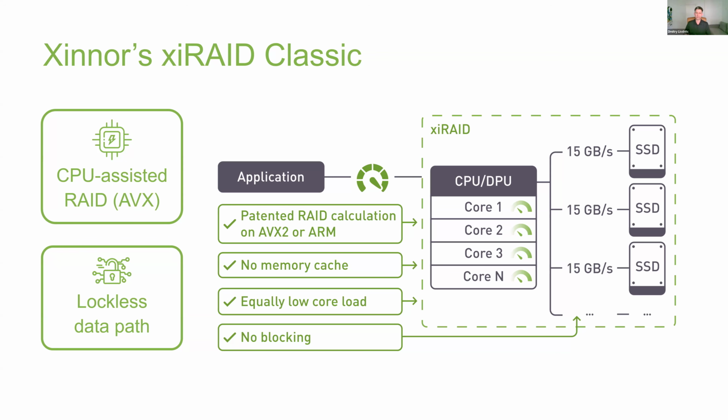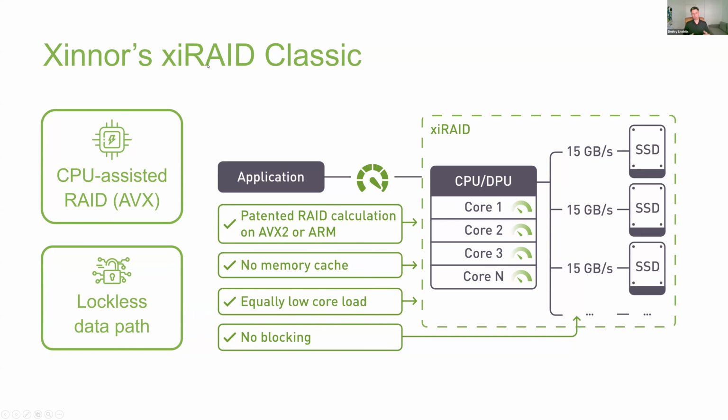We call this RAID level RAID 7.3, where you use 3 drives for parity. The RAID penalty in RAID 7.3 is more or less the same as in RAID 6. So that's our way of doing parity calculation.